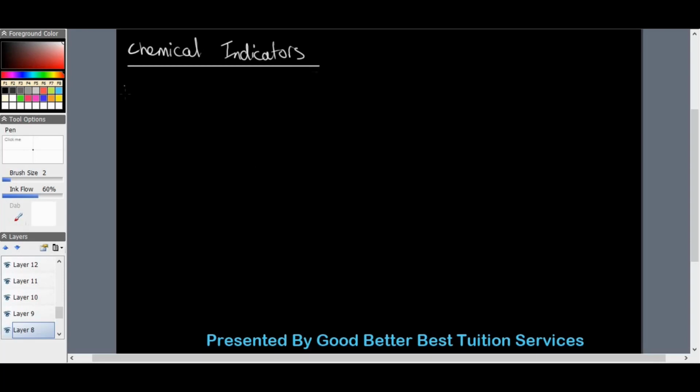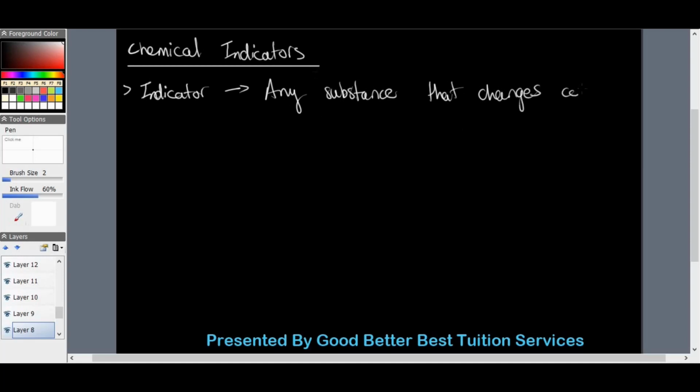Just to have a look at what the word indicator means in this regard, it can be any substance that changes color when its pH value changes.